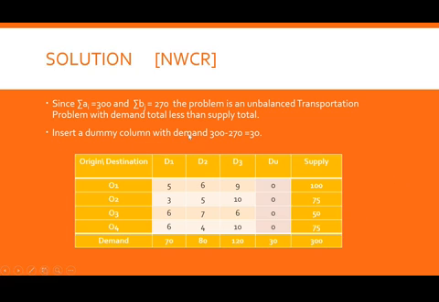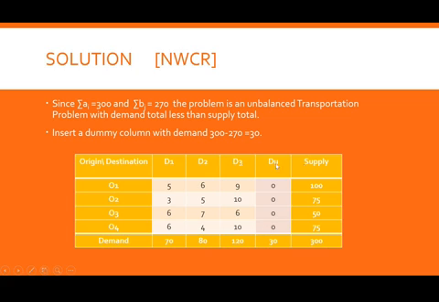Insert the dummy column with the demand 300 minus 270 is equal to 30. And the cost per unit, right? That has to be considered as zero because in the problem they have not specified anything exclusively about the cost of the dummy column. Therefore, we will be taking it as zero.